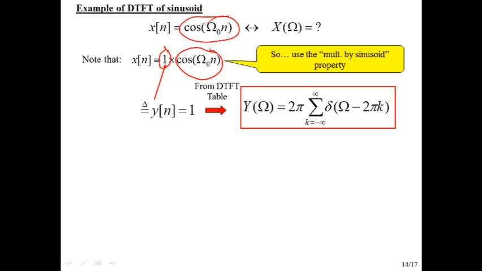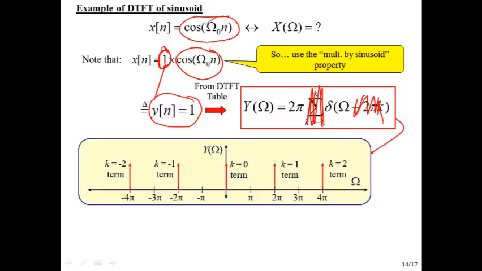So by using that, if we define that to be y of n, we know that that has a delta function at the origin. Let's get rid of all this extra machinery. So there it is with the replicas that all this machinery was creating. That's the thing that we're going to be modulating to create our desired signal.